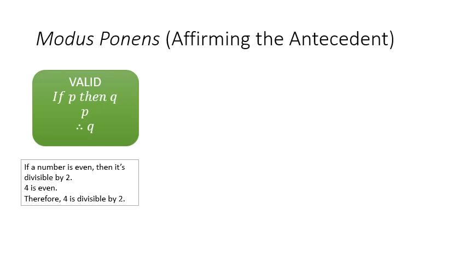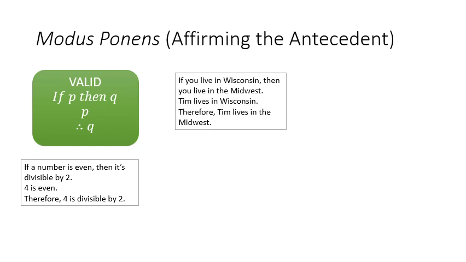So I have if a number is even, then it's divisible by 2. 4 is even, therefore 4 is divisible by 2. 4 is even is our P. 4 is divisible by 2 is the Q. Plug that all in, and you have the modus ponens pattern. And if those premises are true, the conclusion has to be true.